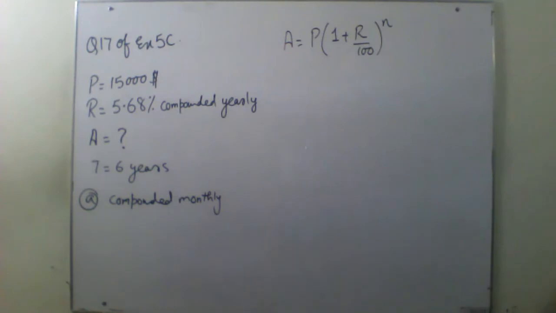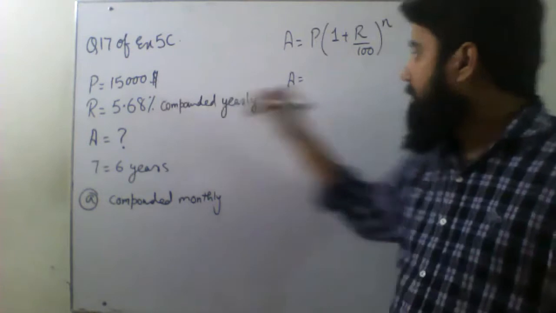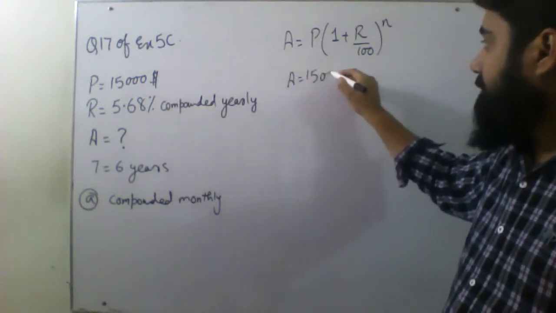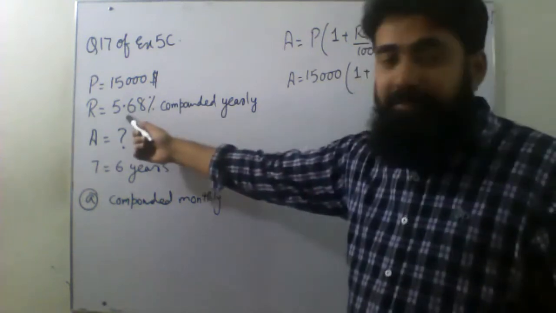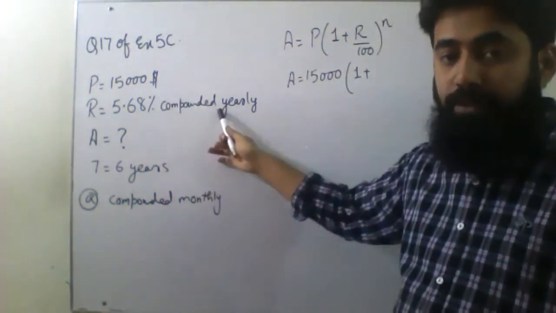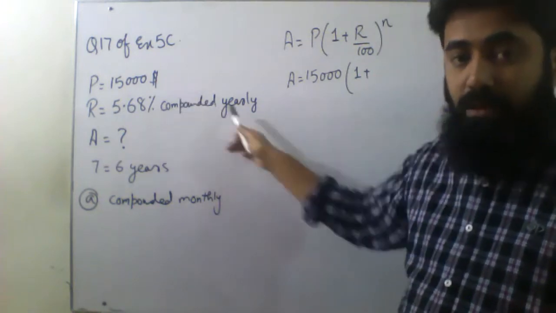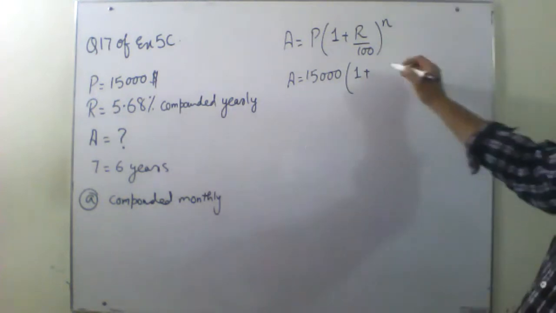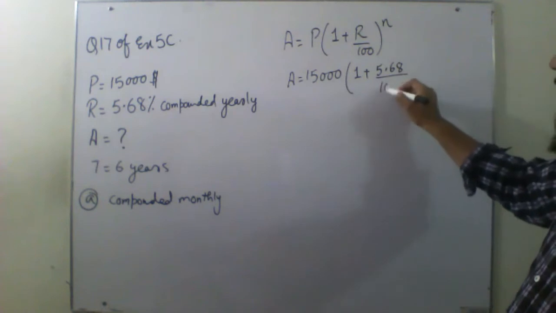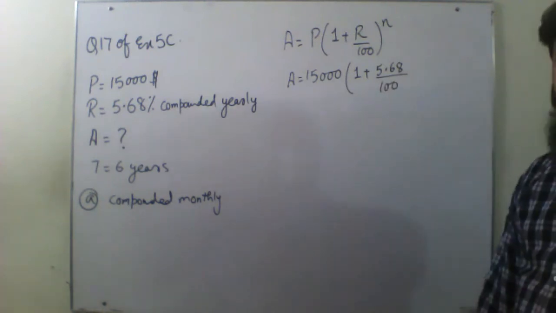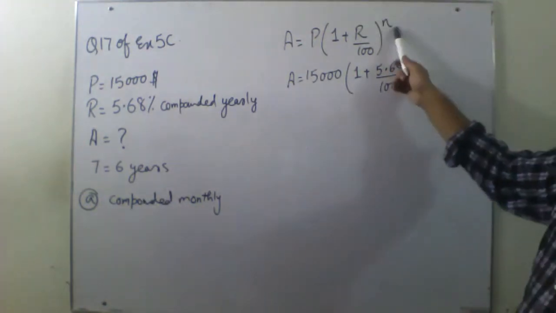So A equals P, which is given, 15,000, times 1 plus 5.68, the rate for 1 year, over 100. The time is 6 years, but I will not be writing it in place of n.